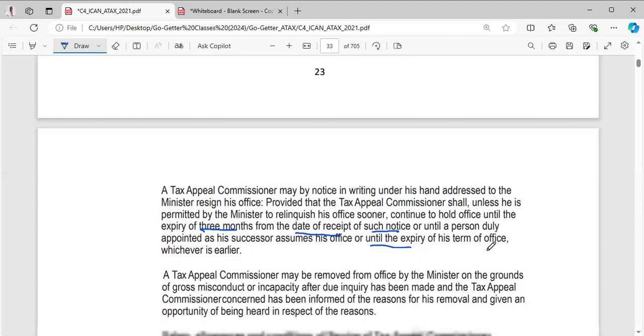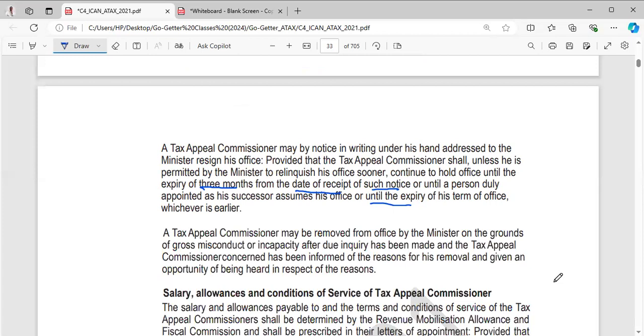A tax appeal commissioner may be removed. This time around, you are not resigning, you are removed on the grounds of gross misconduct. What could become gross misconduct? Maybe you are taking a bribe before you render your judgment.